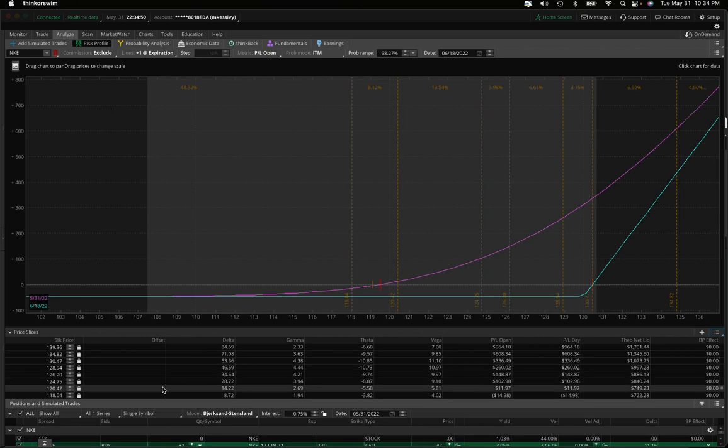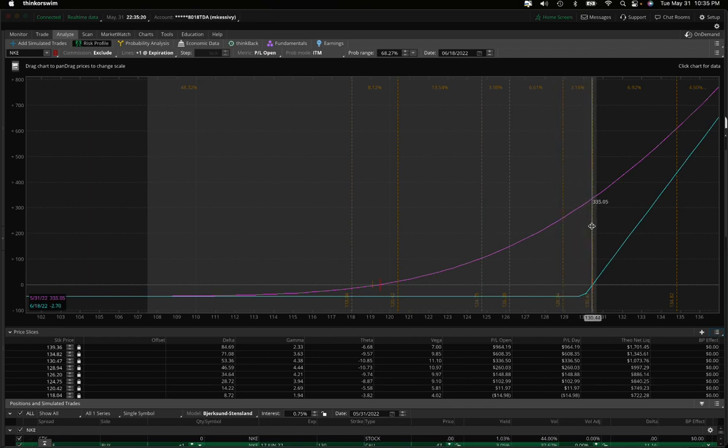So we can see, if we got into that trade today, well, before I get into that, we have this graph up here. I didn't talk about this yet. Basically, the dotted lines show the price slices that we have mentioned here. You can see as we go over, this pink line is on a nice slope going over.